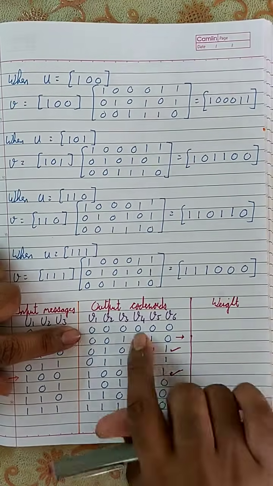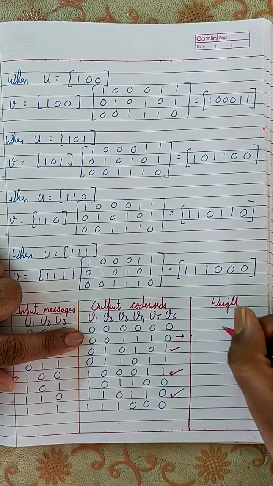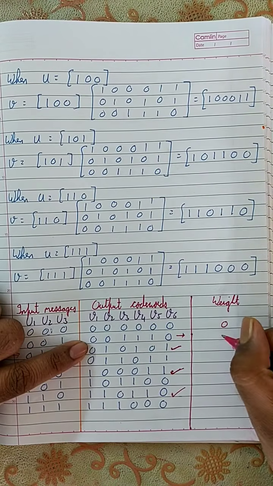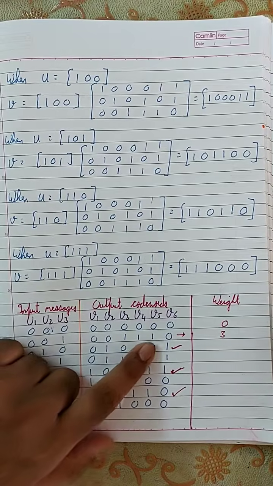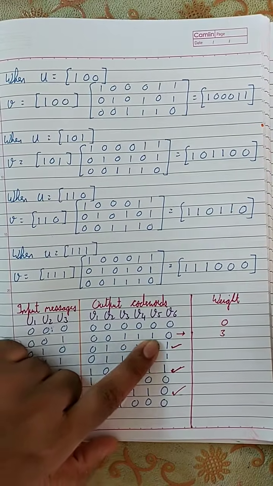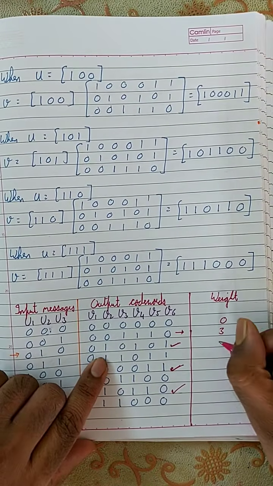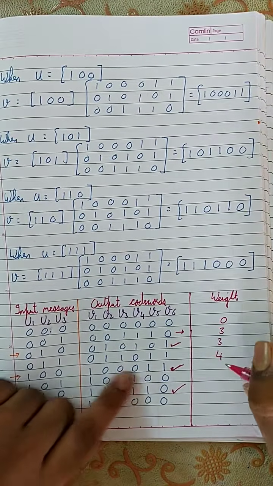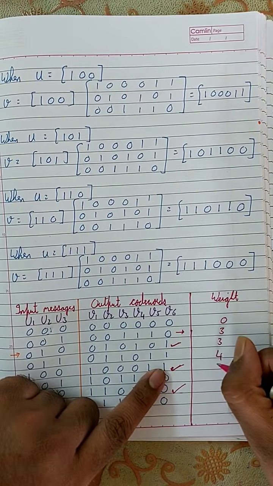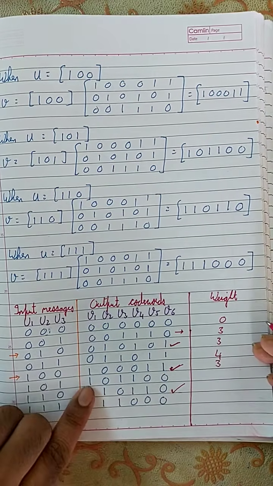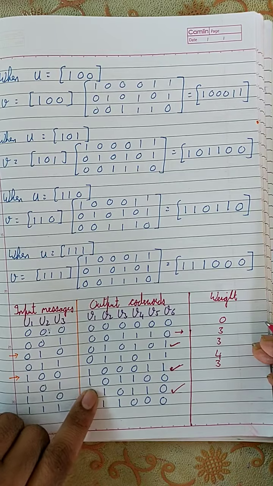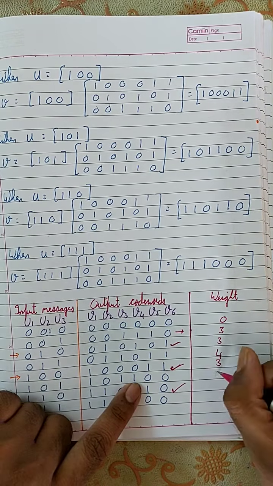For example, over here the weight is 0 because all the bits are zeros. Here the weight is 3 because there are 3 non-zero bits. Here the weight is also 3. Here the weight is 4. Here the weight is 4. Here, 1, 2, 3, so the weight is 3.